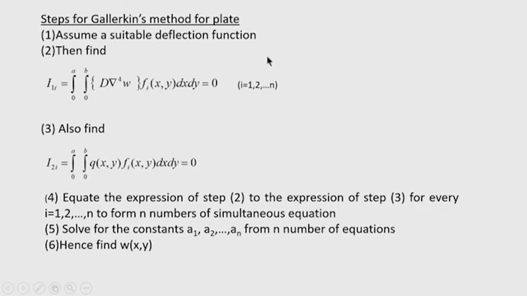That means, in the first term a 1 1 sin pi x by a into sin pi y by b, a 1 1 should not be used here. Okay. In this function only the function that is used to compose the deflected surface has to be used, and of course, here in place of w we use the full expression of the deflected surface.